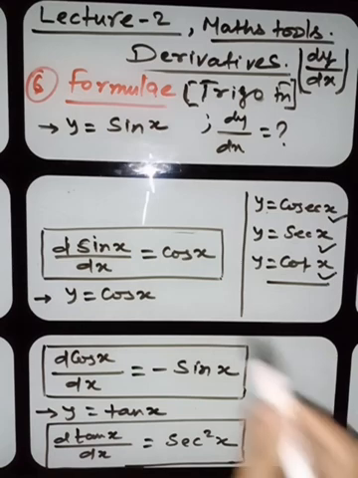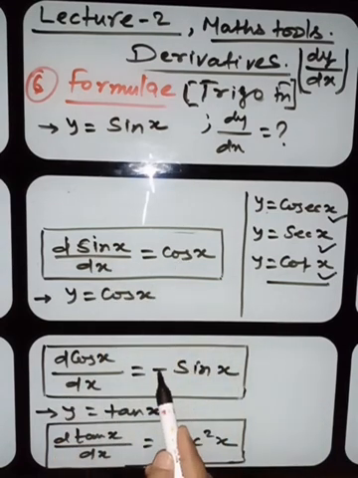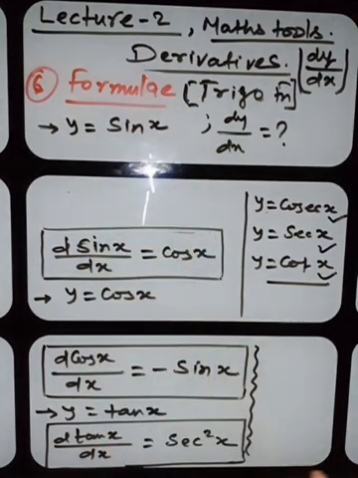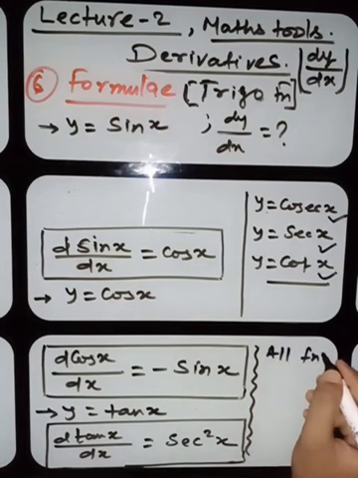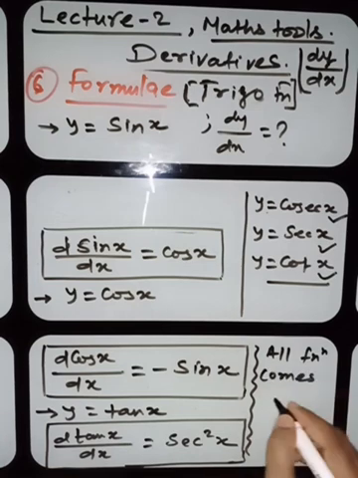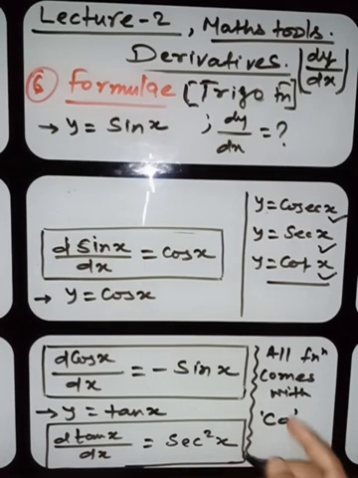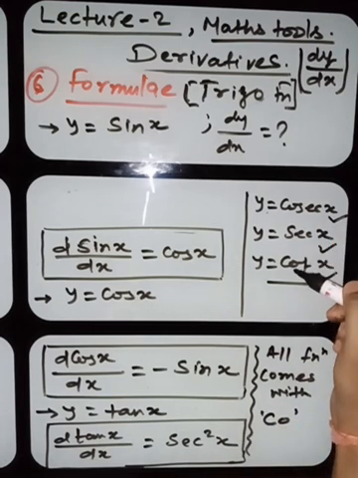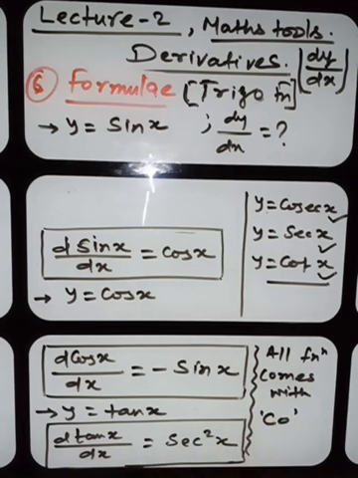Remember, the differentiation of sine is cos, and cos is minus sine. Here minus. For all functions in differentiation, write in your note: all functions starting with co, like cos, cosec or cot, these 3 give negative differentiation.